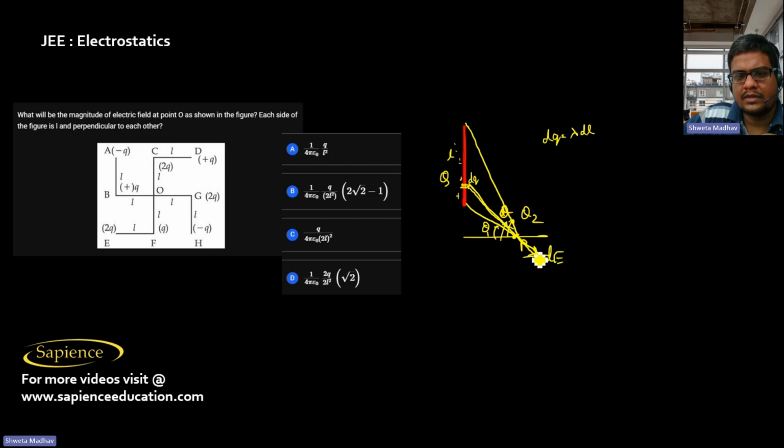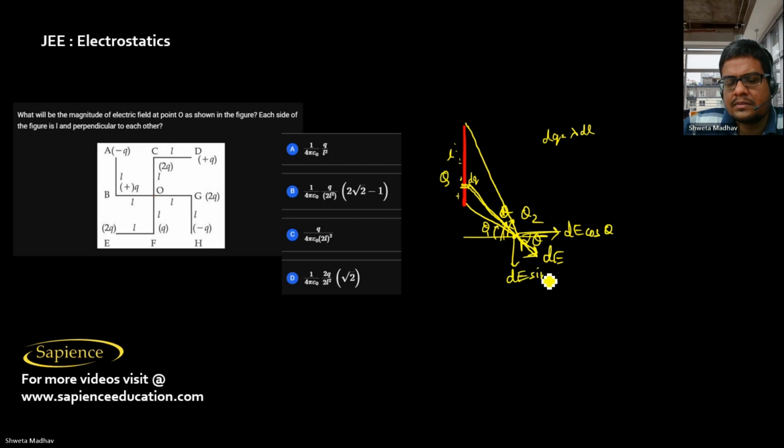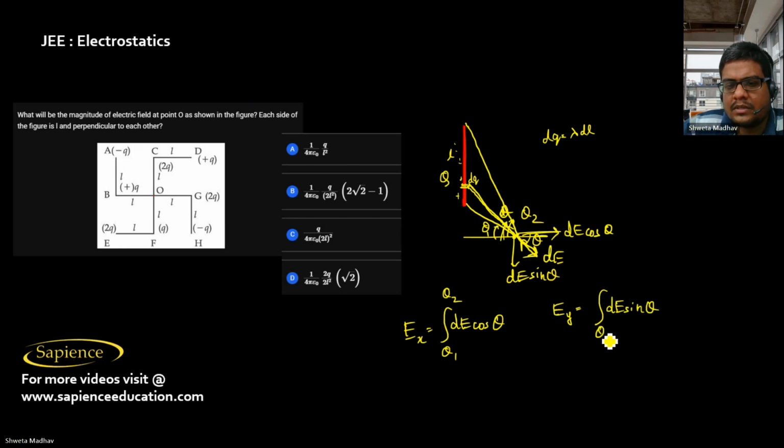Here we will have dE. It will have some x component, with angle theta also. So this will be dE cos theta, and this will be dE sin theta. It will have x component of the electric field and y component of the electric field. So Ex will be integral dE cos theta, where theta is going from theta 1 to theta 2. And the electric field along the y-axis will be integral dE sin theta, going from theta 1 to theta 2.